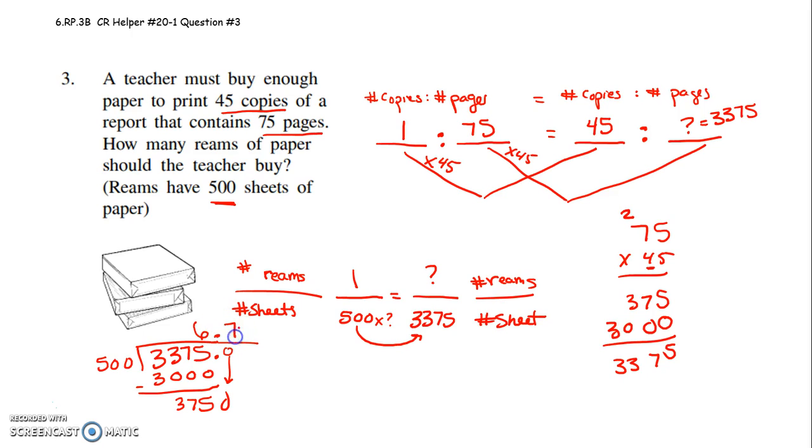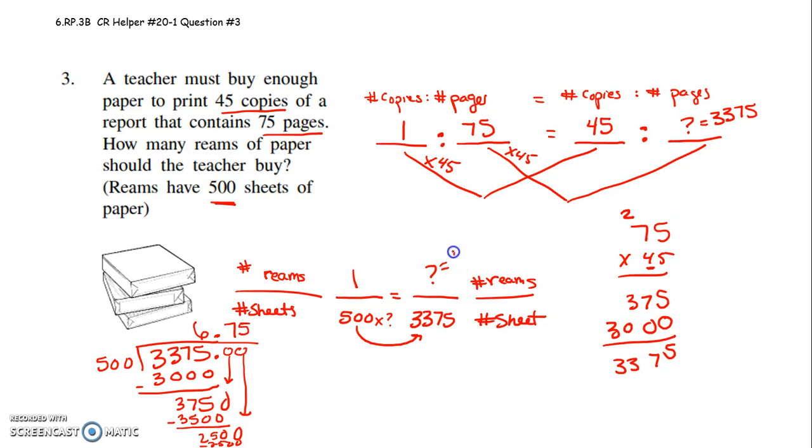I'll say 7 times. 7 times 500 is 3,500. Subtract off 0, 5, 2. Whew. So now we still have 500 into 2,500 would go 5 times. So that would get us to the 2,500.